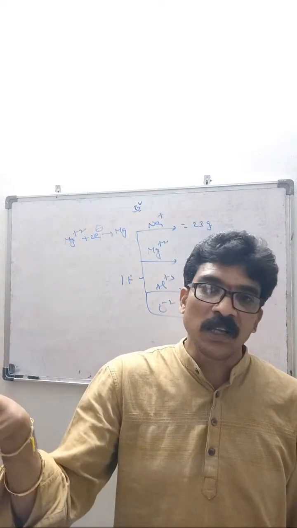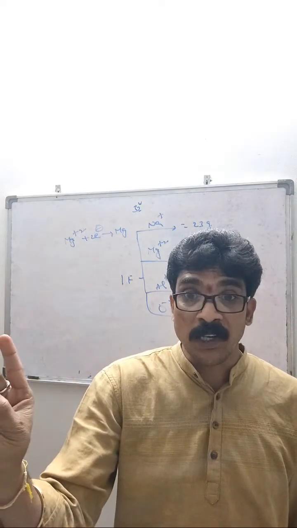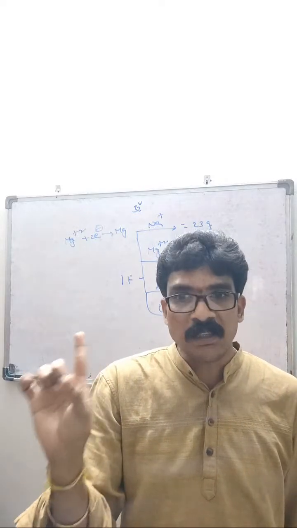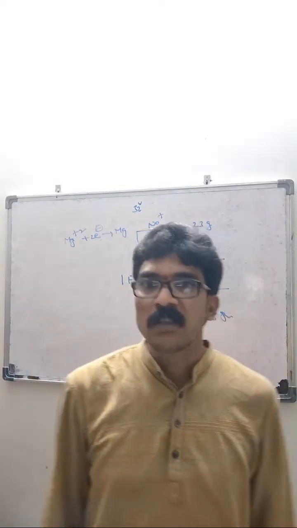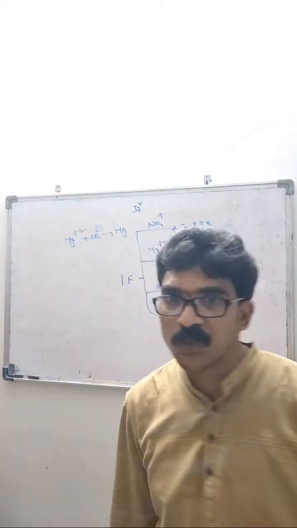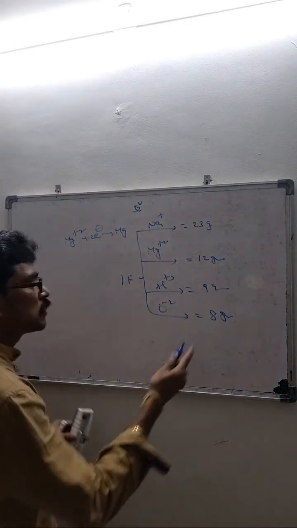H+ is reduced at the cathode: 1 Faraday deposits 1 gram, which is 11.2 liters. At the anode, 8 grams of oxygen gas is deposited, which is 5.6 liters.